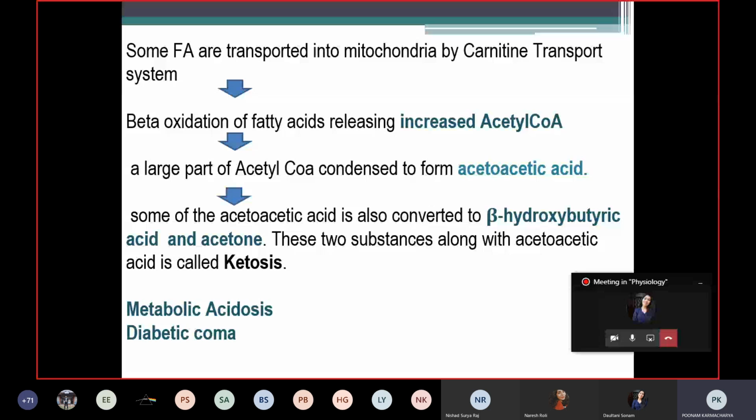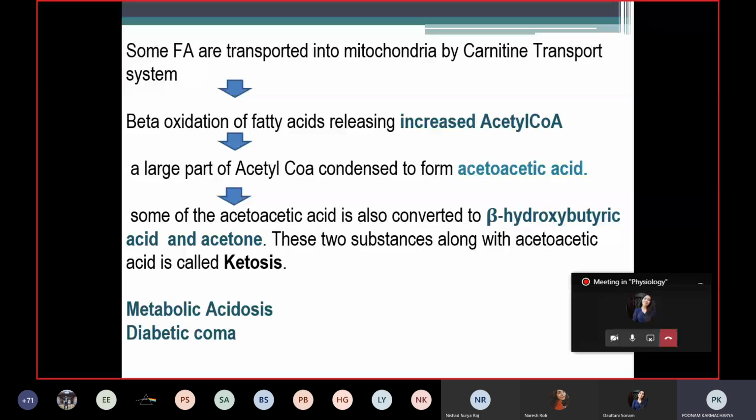So increased ketone body formation will lead to metabolic acidosis, and metabolic acidosis along with increased dehydration throughout the body can cause a person to go into diabetic coma. One particular feature of metabolic acidosis is that the person will have very rapid and deep breathing, because the body tries to increase expiration of carbon dioxide, thereby trying to buffer the acidosis in the body.